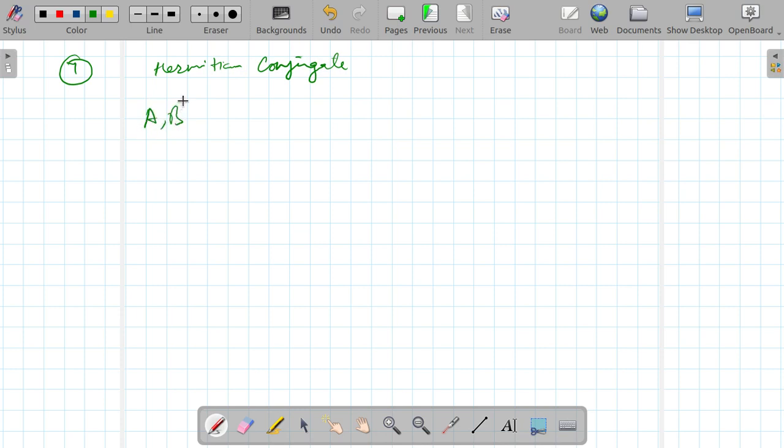So I am having this one, and it is [B, A] dagger. Let me try to prove it. It is (AB minus BA) and whole dagger.